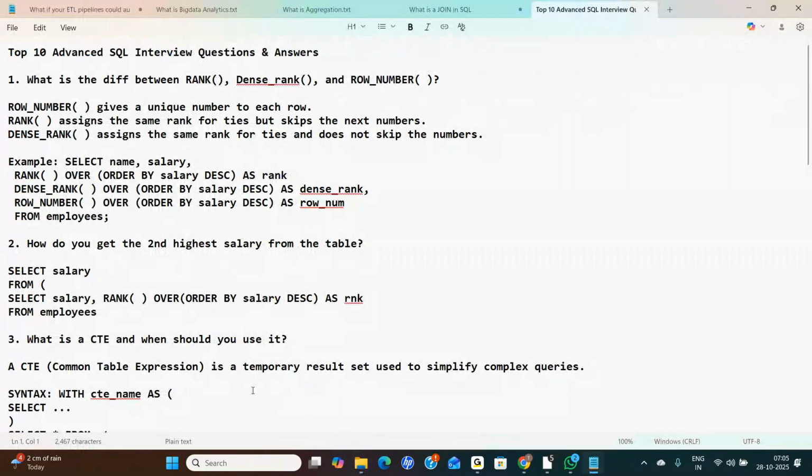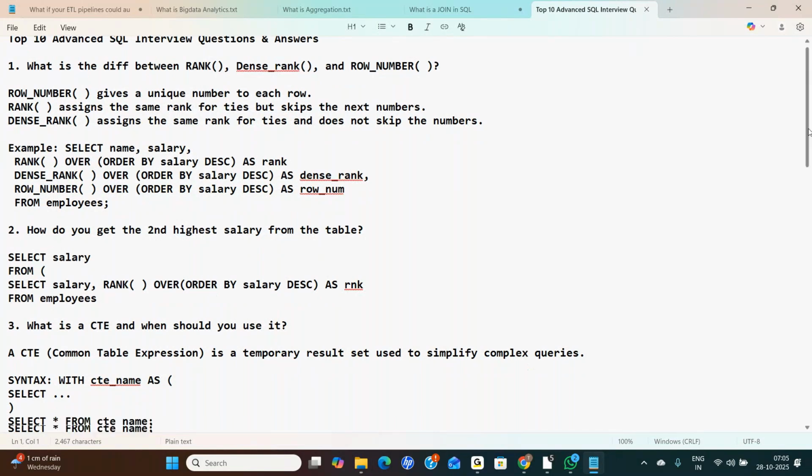There are also top advanced SQL questions. In those, what is the difference between rank, dense rank and row number, how to get the second highest salary from the table, and what are CTEs, common table expressions.